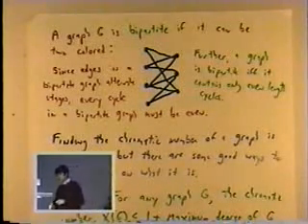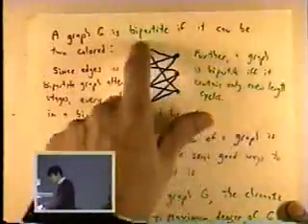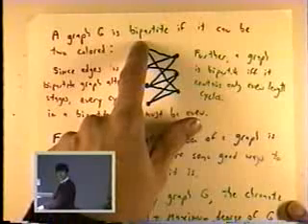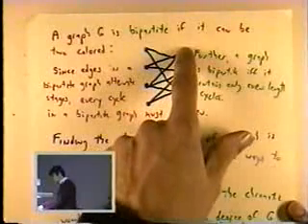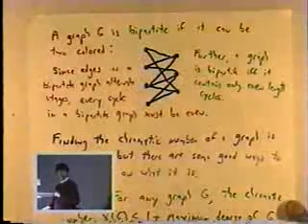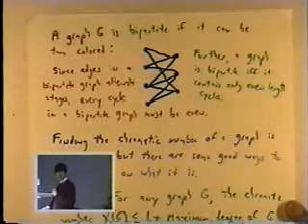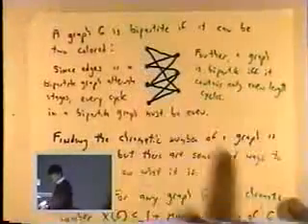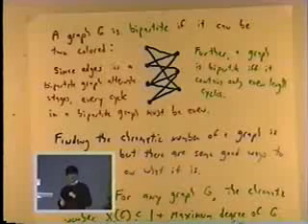Because every cycle is going to go from the left to the right, to the left to the right, to the left to the right. If you're going to get back to where you're starting from, you have to have gone left the same number of times you've gone right, correct? So certainly every cycle in a bipartite graph has to be of even length.